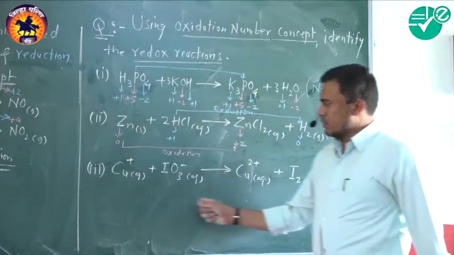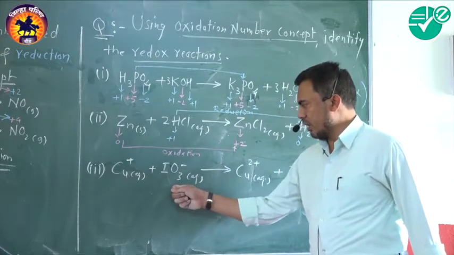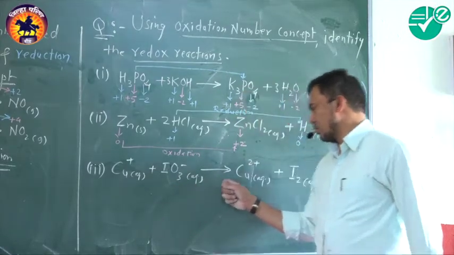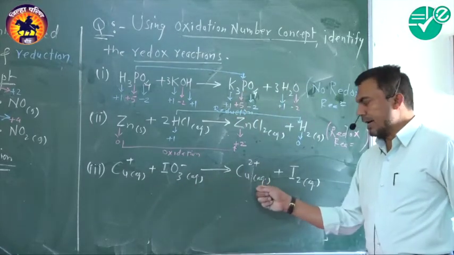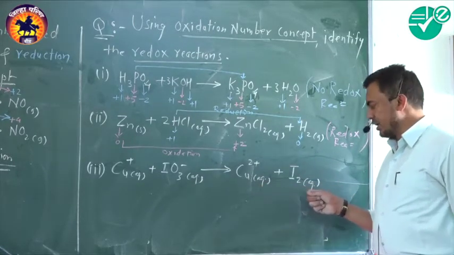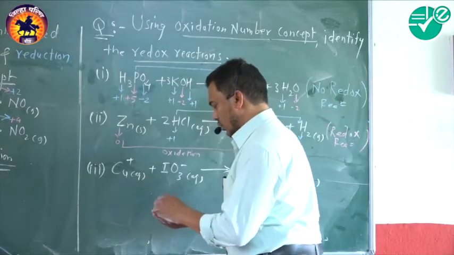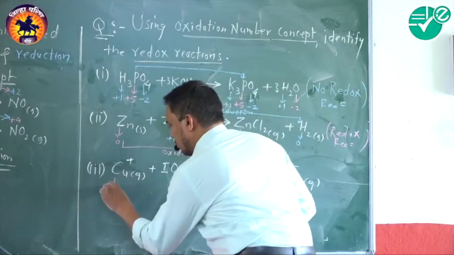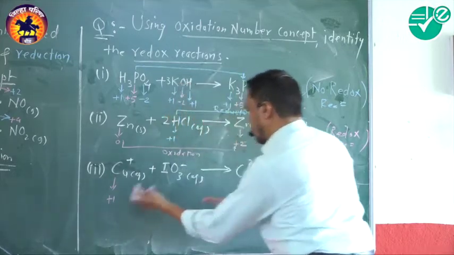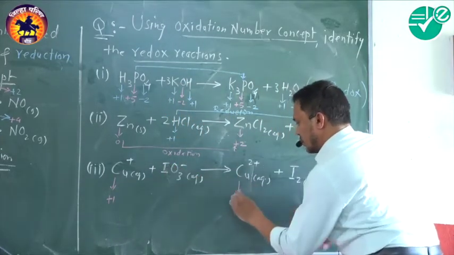Now next, copper in aqueous solution reacts with iodate in aqueous solution to give copper ion in aqueous solution, and iodine remains in the aqueous solution. We'll see the oxidation number, it's already mentioned, it's +1. Now copper changed to copper ion from +1 to +2.